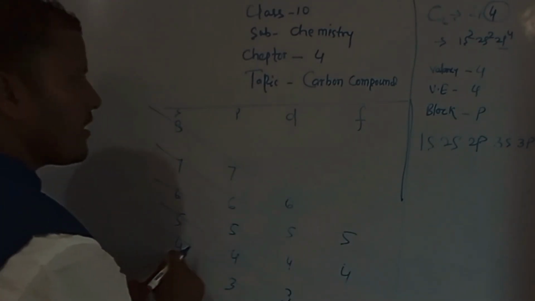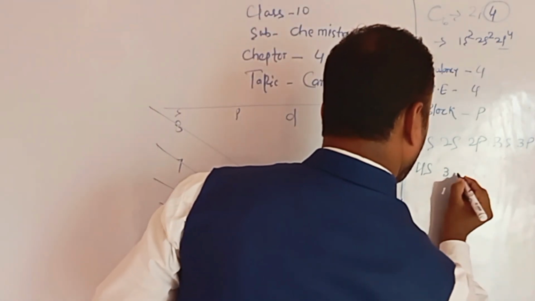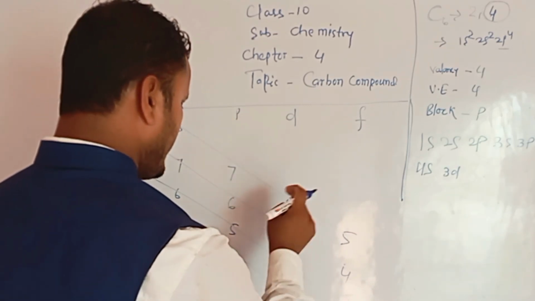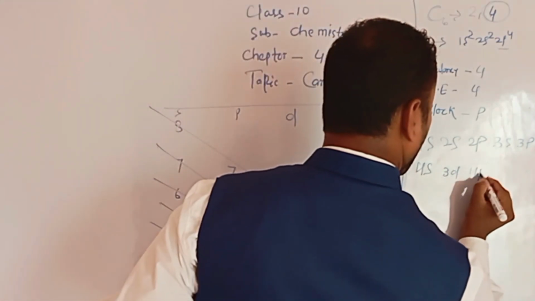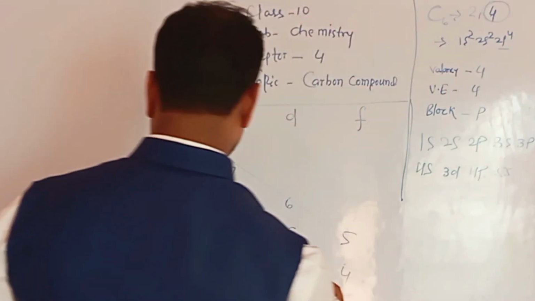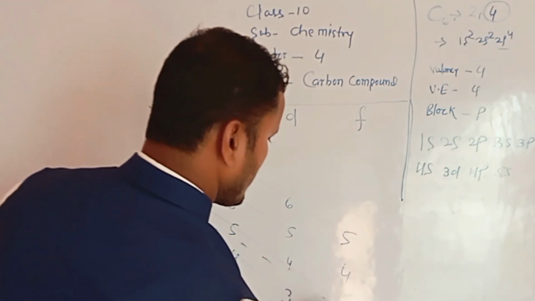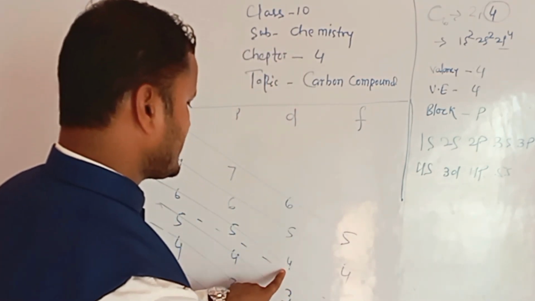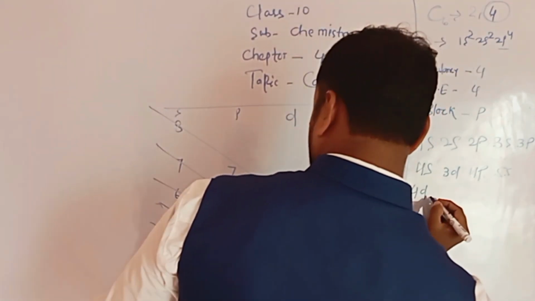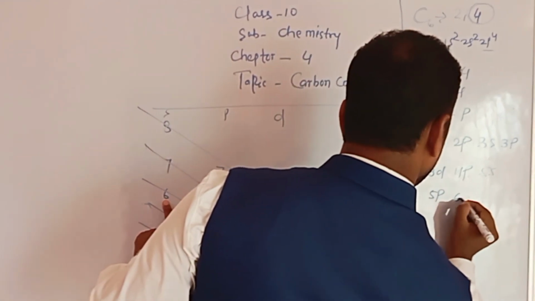3p, after 4s. After that, 3d. This line is D. 3d, 4p, 5s. And after that, this is the head, and this also starts from the tail. And this is the 4d. 4d, 5p, and 6s.